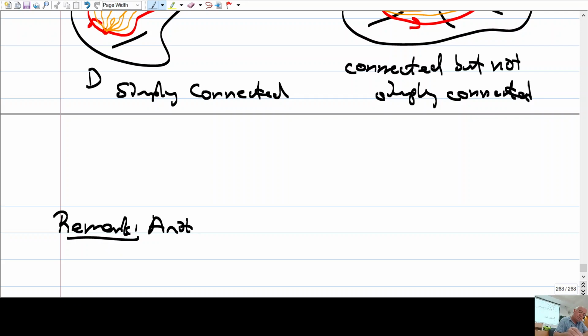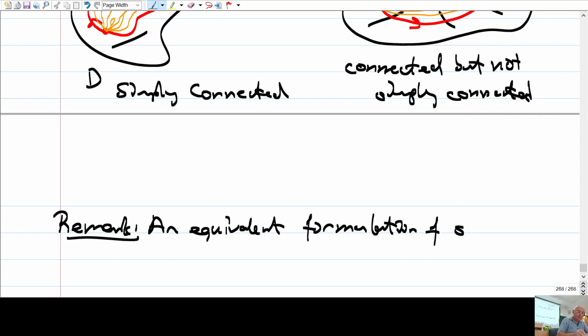An equivalent formulation of simply connected region is the following.